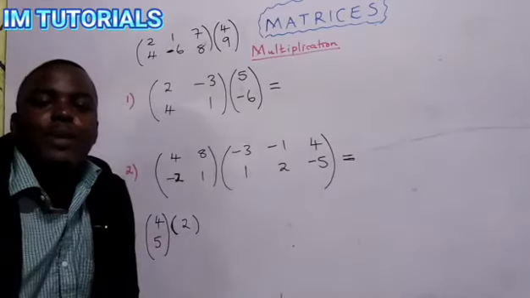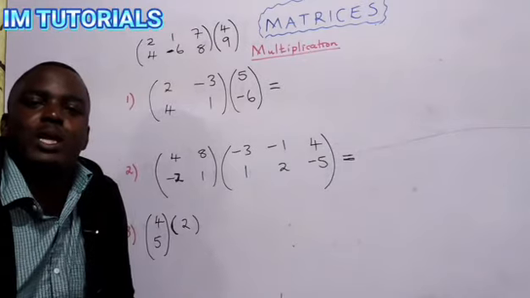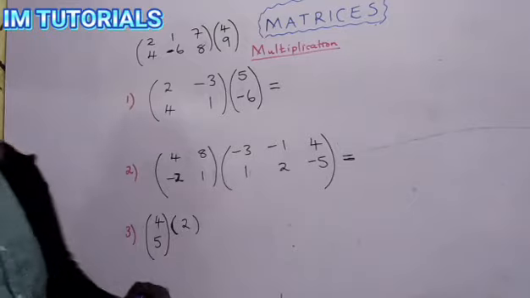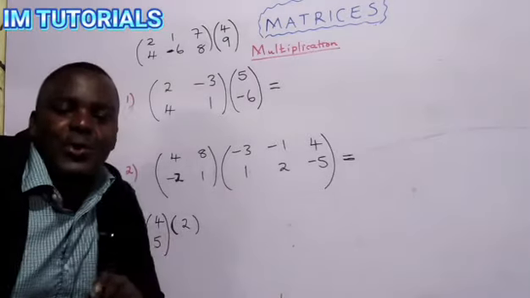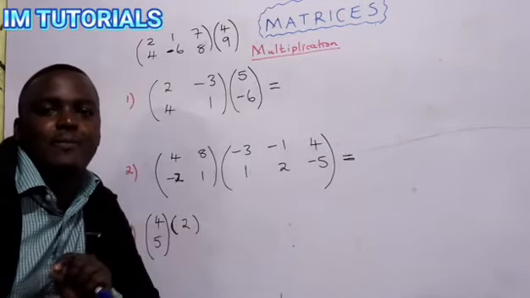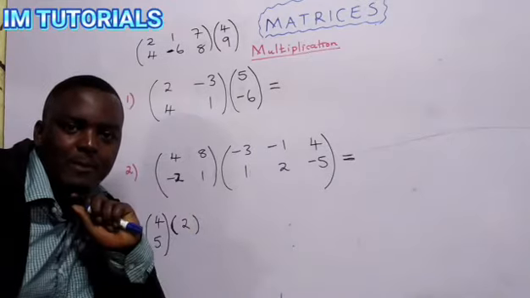Right. Welcome back to the third segment. In this segment, we are focusing on multiplication of matrices. Like what I told you, that when it comes to addition and subtraction, you can only add or subtract matrices of the same order.